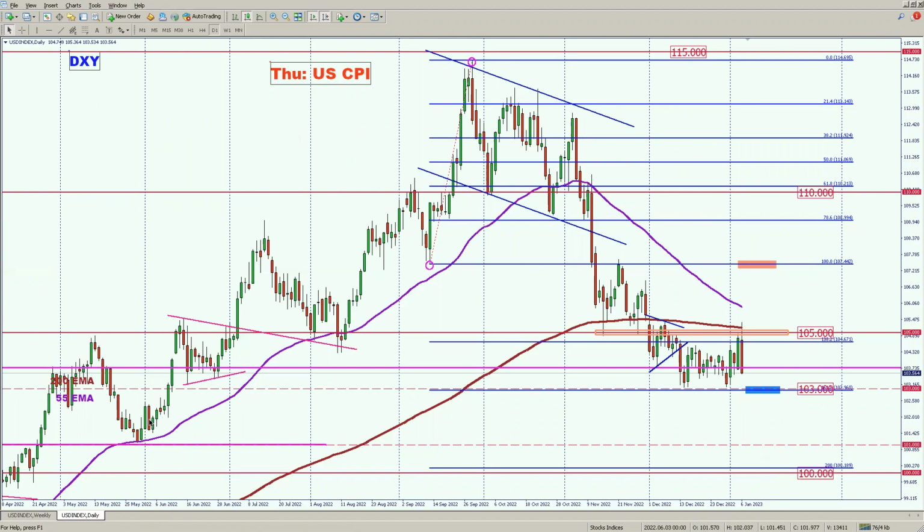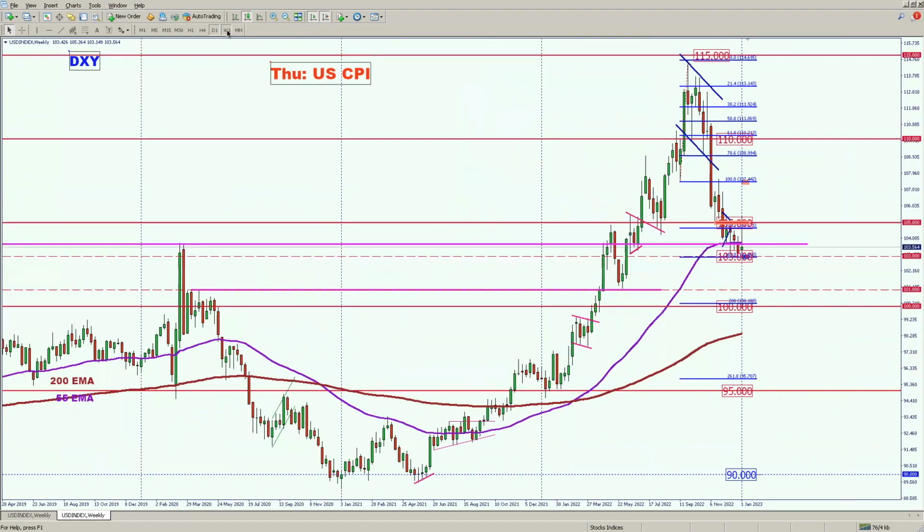So at the 101, there's a cluster of support. And yeah, there's this previous resistance, which is now support. At the 101, there's also another support area.